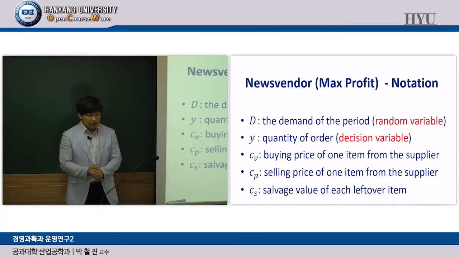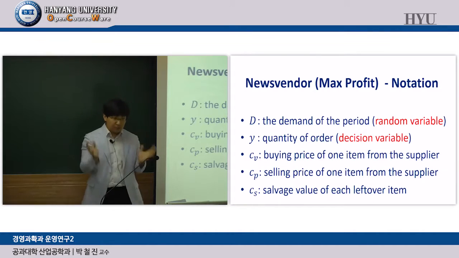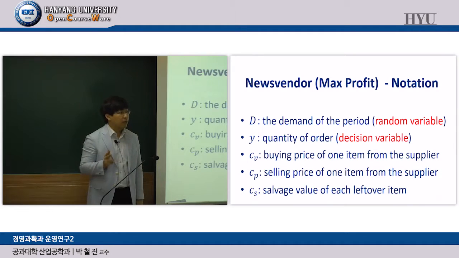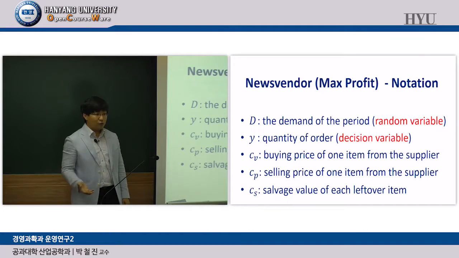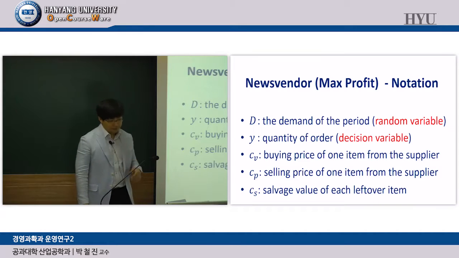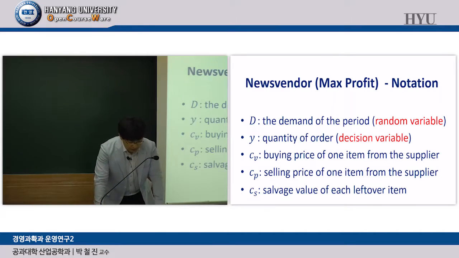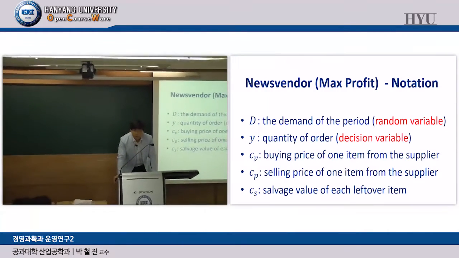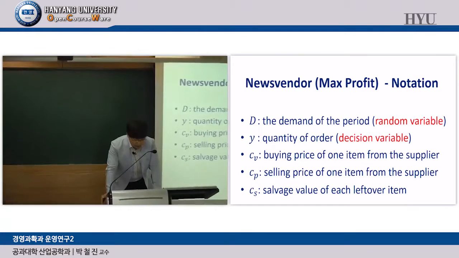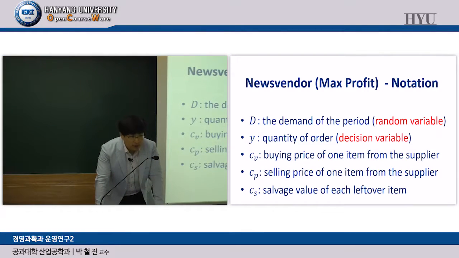To model this problem, we are going to use some notation. Very important. And I'm going to use this notation without any specific explanation later. Large D, we usually use a capital letter for random variables. So large D represents the demand of the period. This one is a random variable.